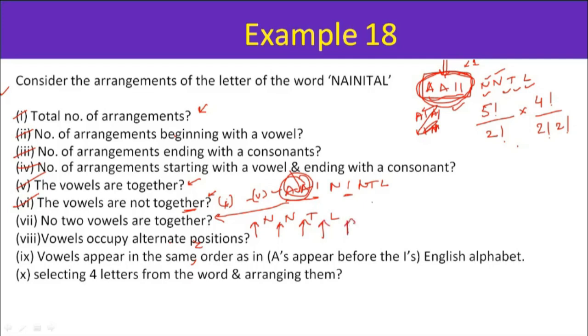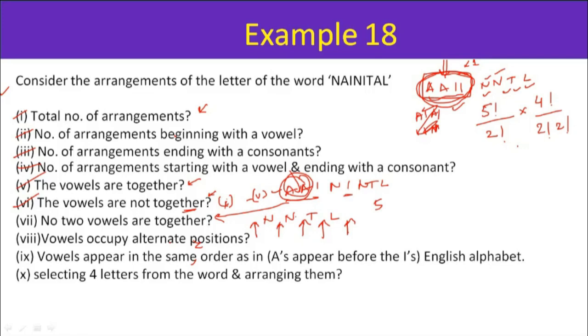In total, I have 5 places for vowels. Why only 5? Because I have 4 vowels, and I have to put these 4 vowels individually somewhere. Then there would always be a consonant or 2 consonants in between the vowels. Hence, the vowels would never be together.